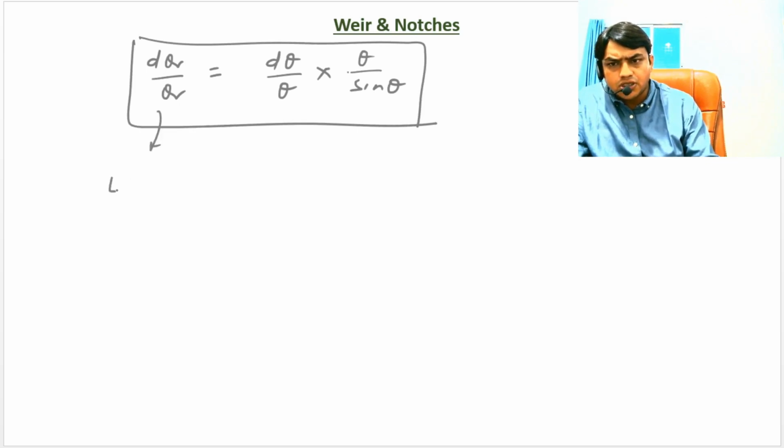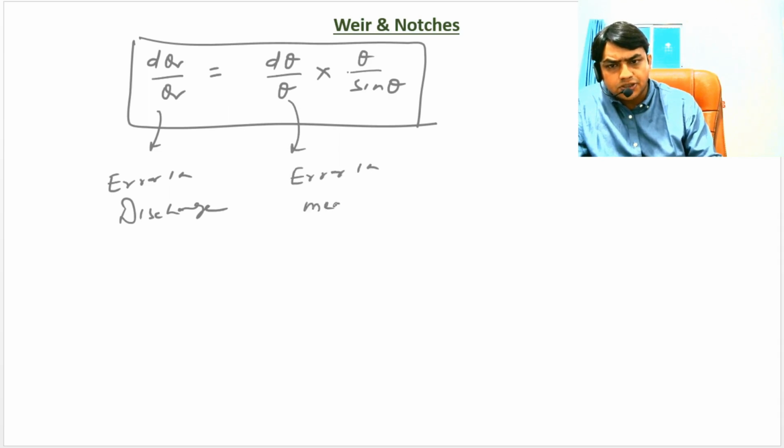So dq by q is the error in discharge and d theta by theta is the error in measuring angle.